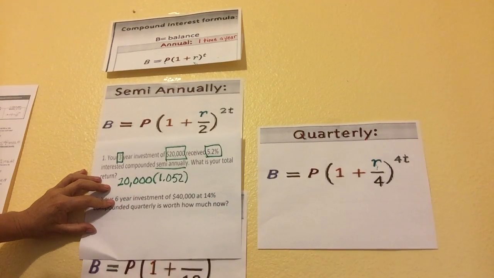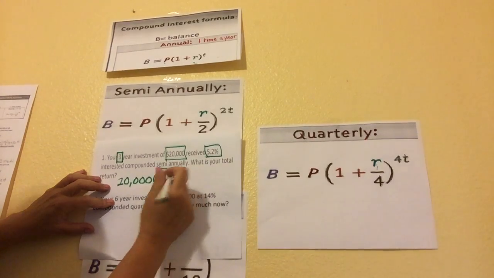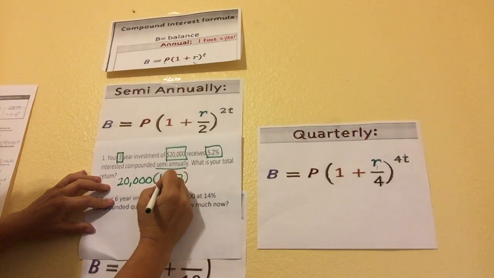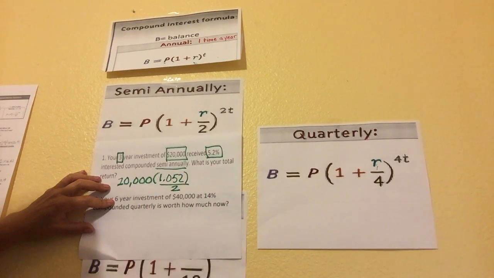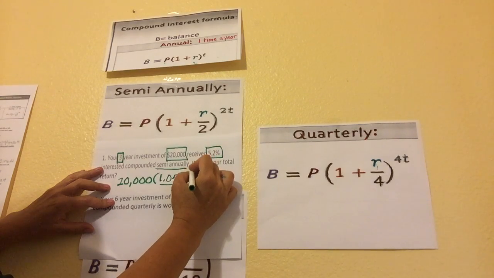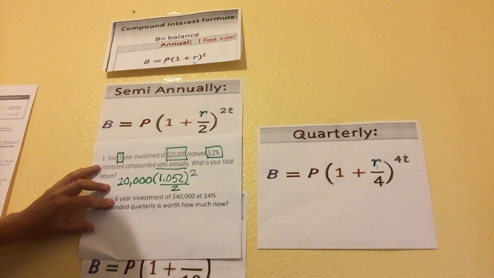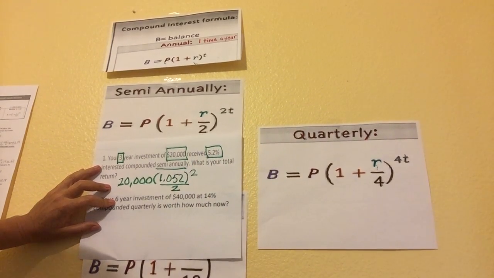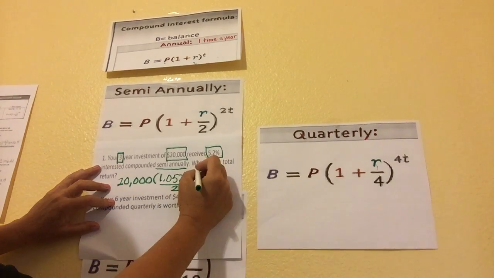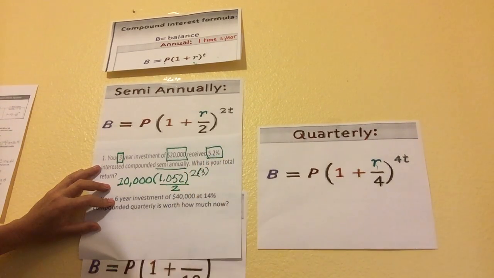Now I have R, so that's my interest rate, okay? So this is over 2, okay? And then I put 2 here, and then it says time. So how much time? It's a 3-year investment, so it's 3, okay?